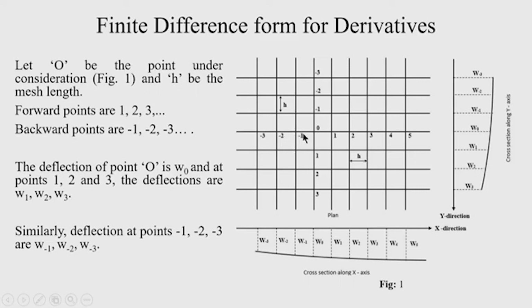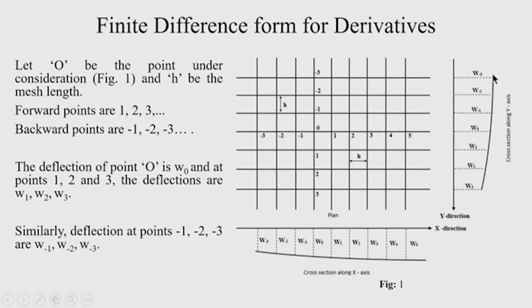In the negative direction you will get W-1, W-2, W-3. So this -1, -2 subscript used here only indicates the nodes along the negative direction of the x axis. Similar thing is existing along the y axis.